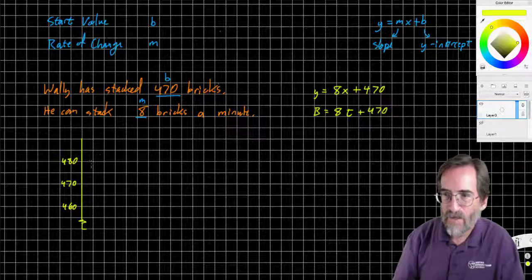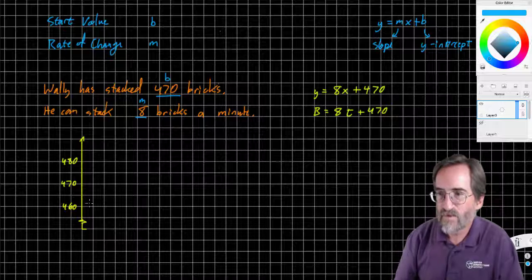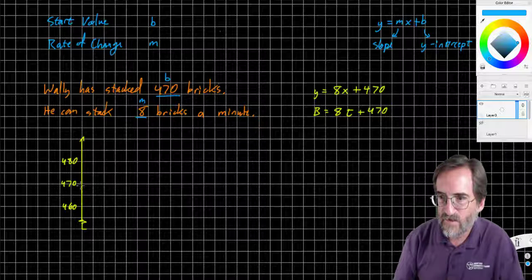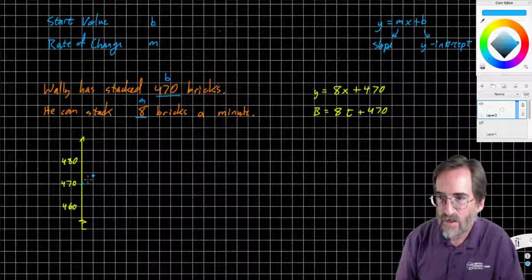Okay, but the start value, graph the start value. The start value is 470. And the rate of change is 8. So every minute we go over, we go up 8. Every minute we go up 8. 16.